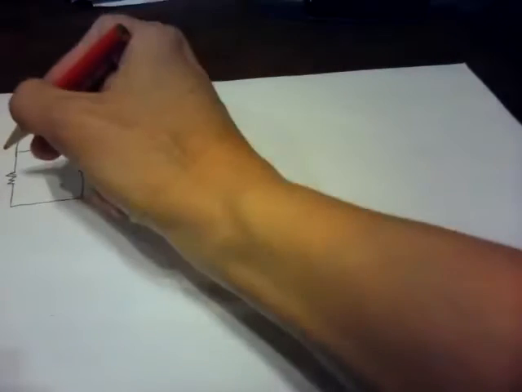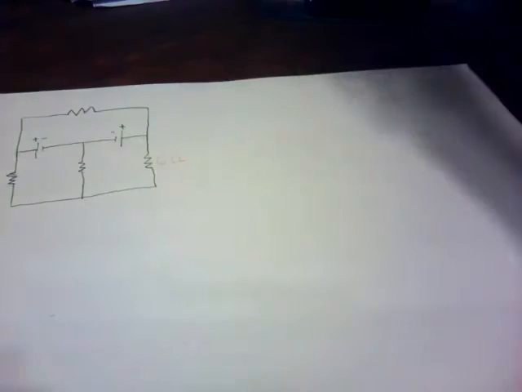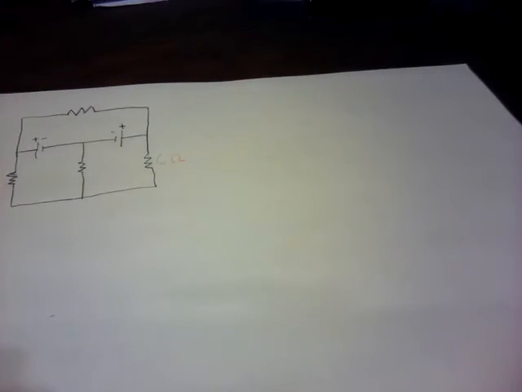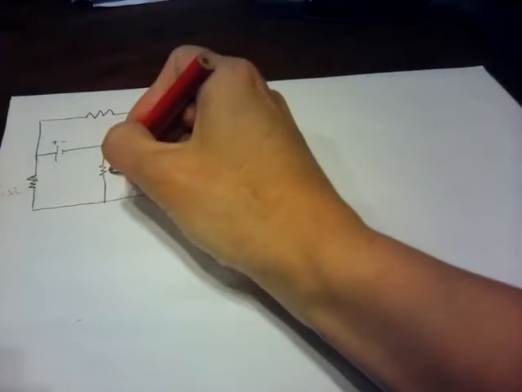We know that the 2 resistors on the outside are both 6 ohms. The resistor in the bottom, in the middle, is 3 ohms.